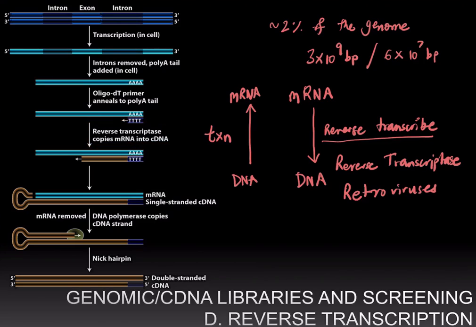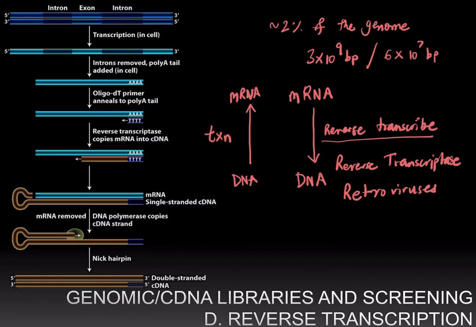And what the reverse transcriptase enzyme will do is, just like RNA polymerase uses Watson-Crick base pairing to build an RNA molecule using a DNA template, a reverse transcriptase will use RNA as a template and Watson-Crick base pairing to build this DNA molecule, a single-stranded DNA molecule.